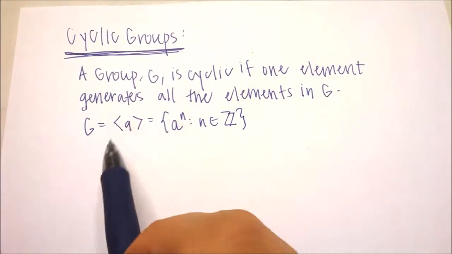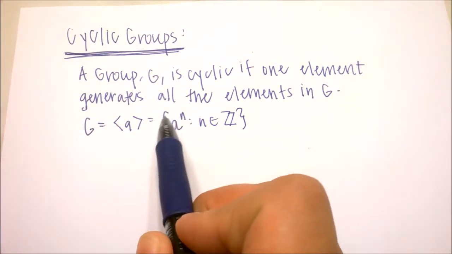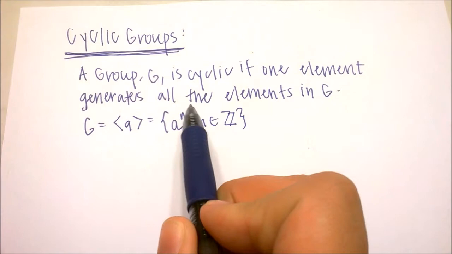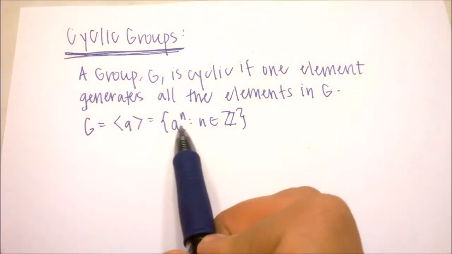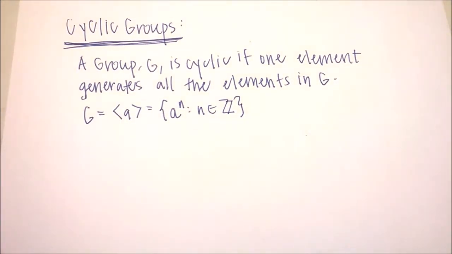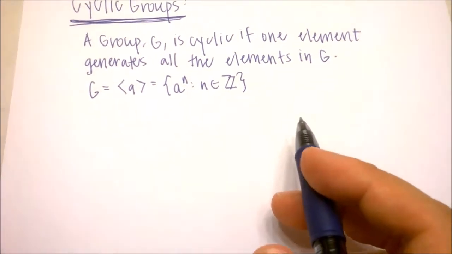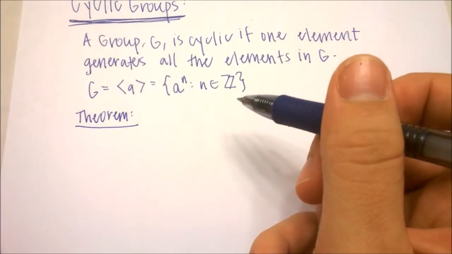So this definition, a cyclic group G is equal to a base raised to an integer, is going to be important to note when you're trying to prove things involving cyclic groups. So let's look at this theorem and a proof for this theorem.